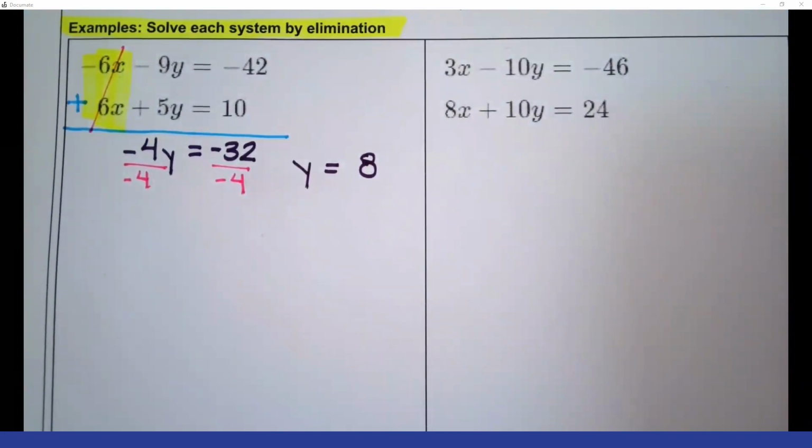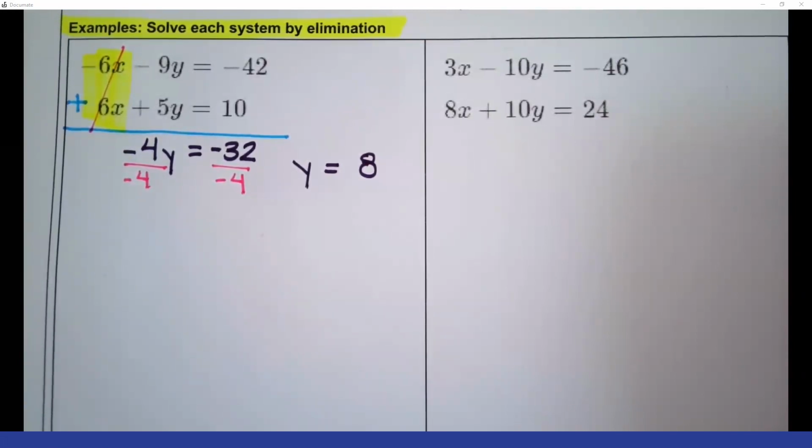You get to decide which of the originals you want to plug into. Personally, I like to plug it back into the equation that has the least amount of negatives in it. I don't like working with negatives if I don't have to.